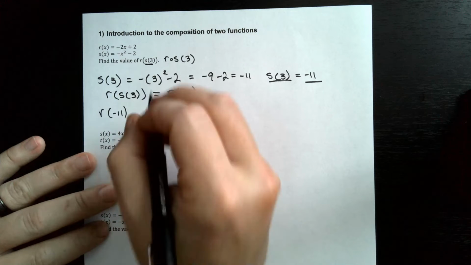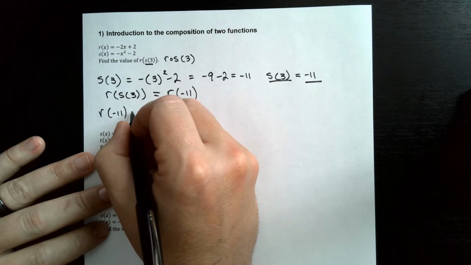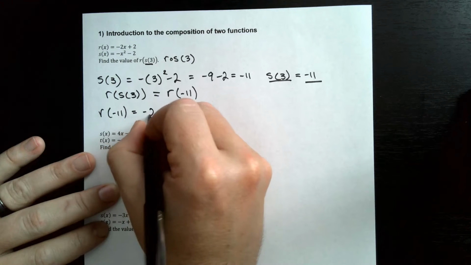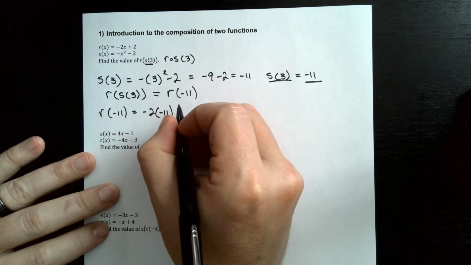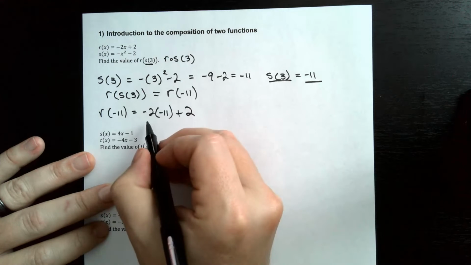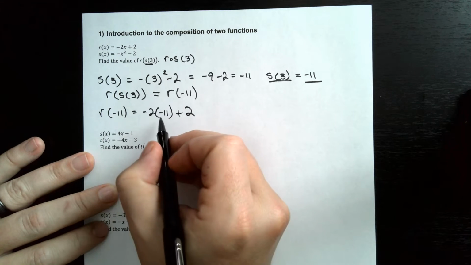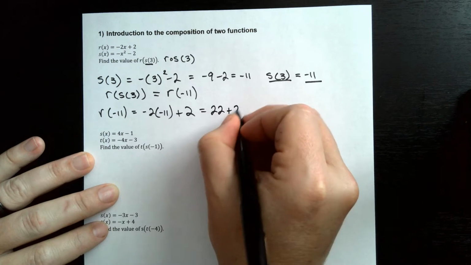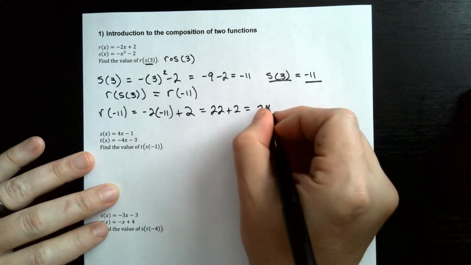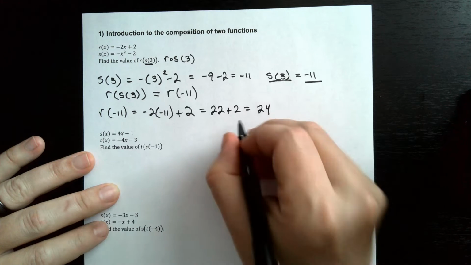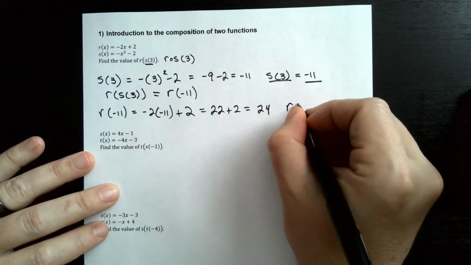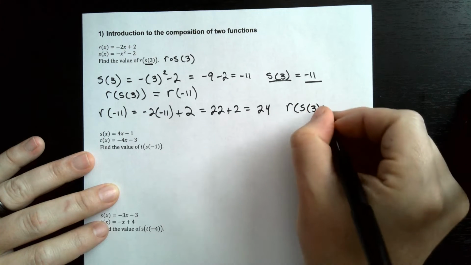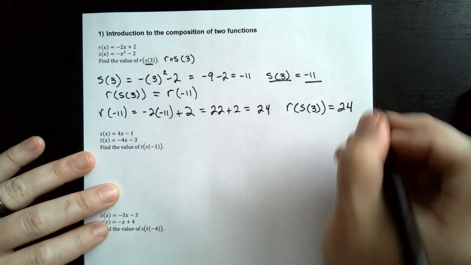Everywhere we see an x, we're going to replace it with a negative 11. So instead of negative 2x plus 2, it's negative 2 times negative 11 plus 2. That gives us 22 plus 2, which is 24. So the answer is r of s of 3 is equal to 24.